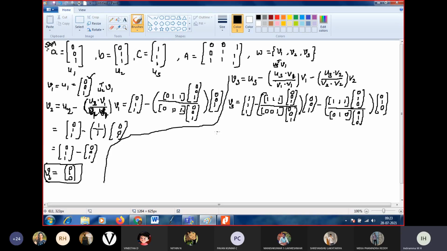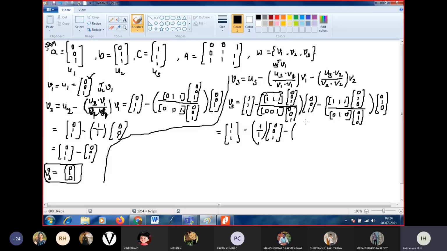So next, simplify this. 1, 1, 1 write as it is. Next, here do the product. First row, first column: 1 into 0, 0 into 0, 1 into 1, we got 1. Divide by 0 into 0, 0 into 0, 1 into 1, 1 by 1, into the matrix 0, 0, 1.